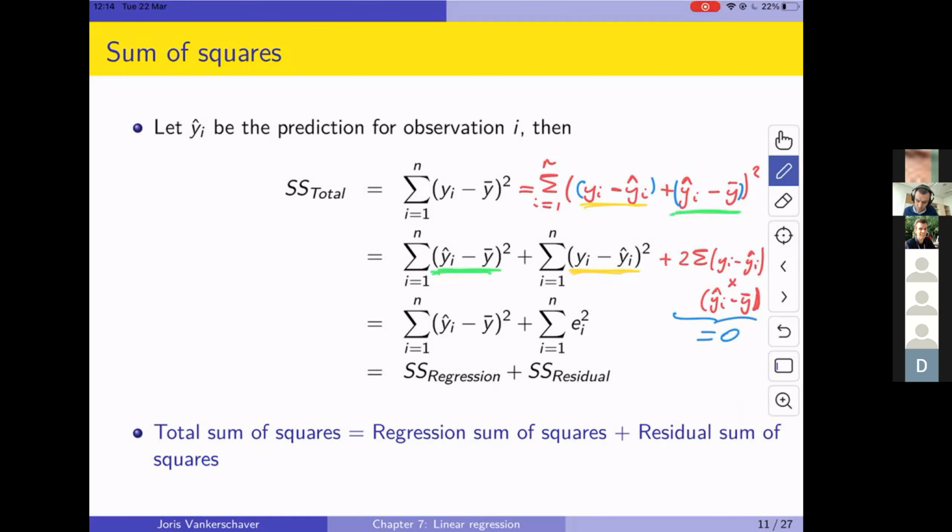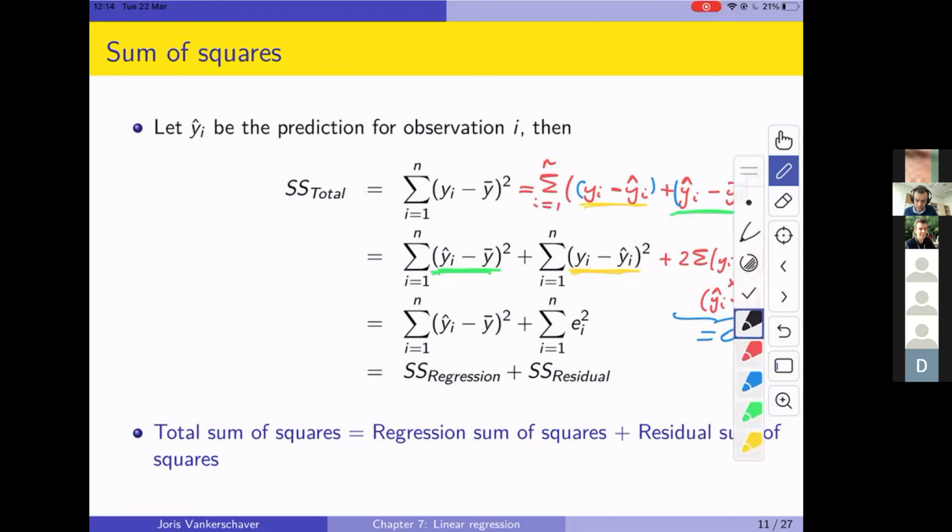And that is a good thing, because what do we get from that? Well, we get that our sum of squares total is decomposed as 2 separate sums, the green one and the yellow one. And the green one we leave as is for now, and the yellow one we already know.